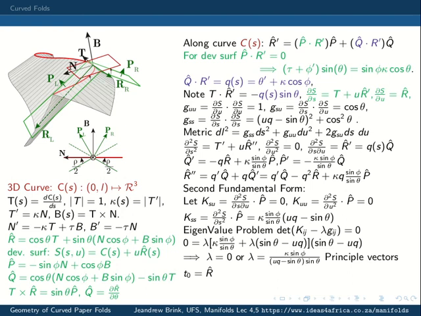So Q is the other principal direction, and the first one, which corresponds to zero curvature, is R. R is the one that corresponds to zero curvature, just straight lines, it's flat. Q is the one that corresponds to the curve that you've put into the paper.